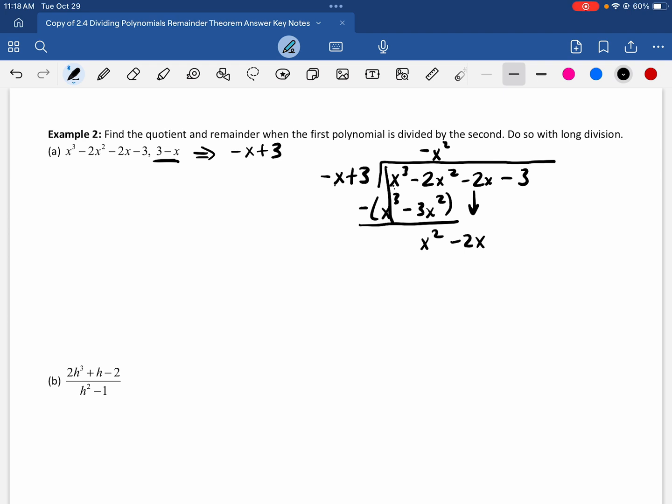Then we go through that same process again with what we have down here at the bottom. I'm going to ask myself, what can I multiply by negative x that gives me a positive x squared? Well, again, it has to be a negative number because I need two negatives to make a positive. I have one x, but I need two, so that tells me I need one more x.